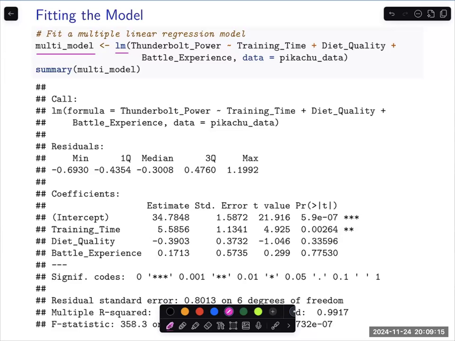The summarization of the data is as follows. As you can see here, the intercept equals 34.78, the training time has a corresponding estimate of 5.58, data quality equals minus 0.3903, and the last one 0.1713.